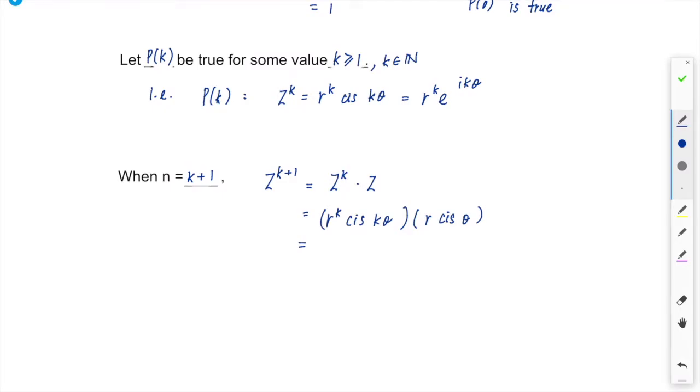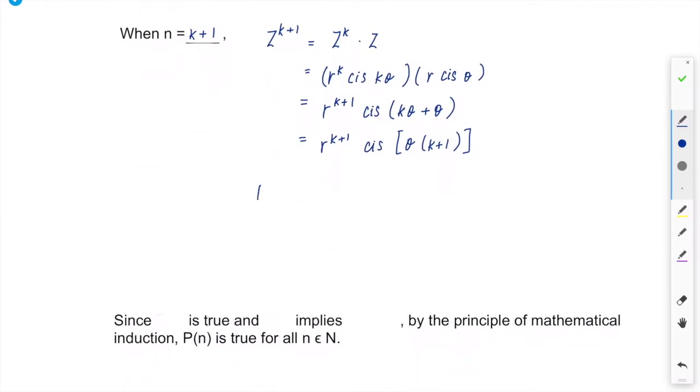Multiplying means that we multiply the moduli, giving r to the k plus 1, and then we add the arguments. If I factor theta from the arguments, then I will have k plus 1 times theta, which is the true statement that we want to prove. So P of k, the kth step, does imply the k plus 1 step.